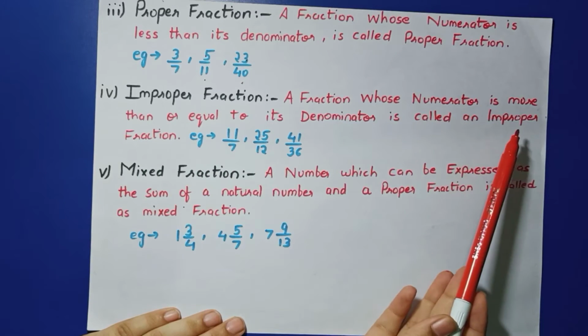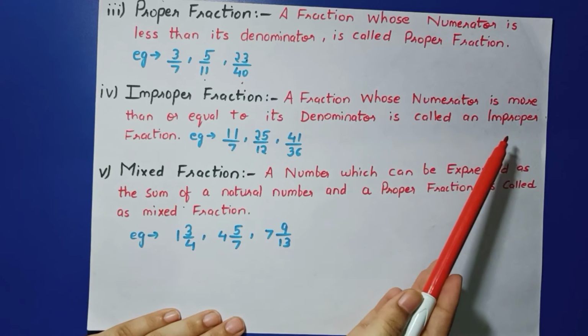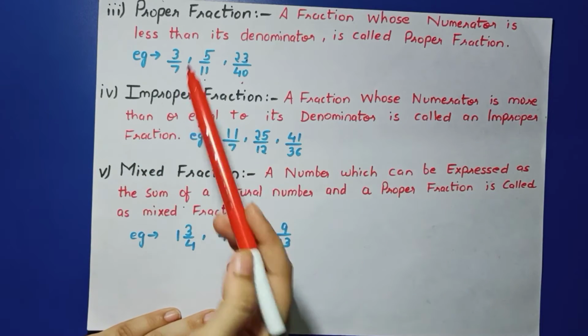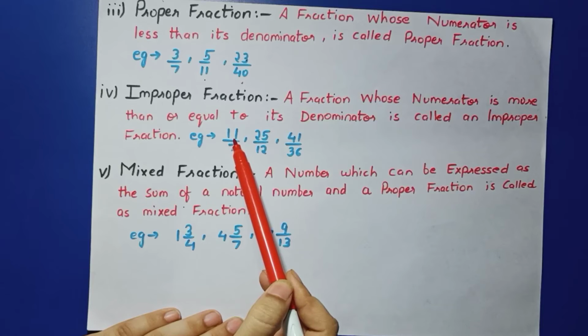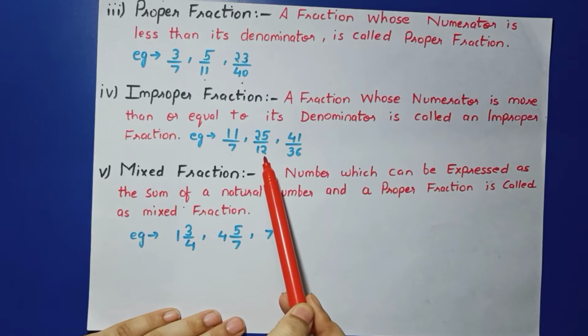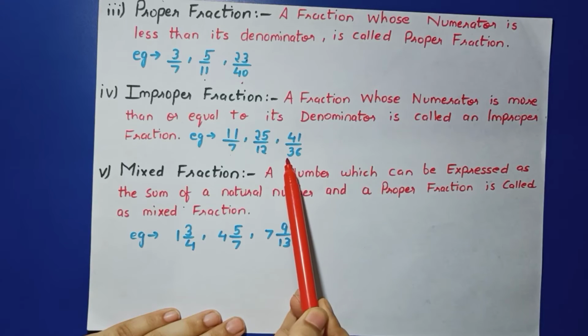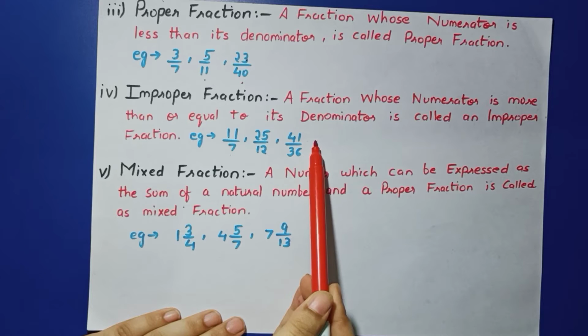So the next type of fraction is improper fraction. A fraction whose numerator is more than or equal to its denominator is called an improper fraction. Means the opposite of this. Here the numerator should be greater than the denominator: 11 upon 7, 25 upon 12, 41 upon 36. The numerator, the upper number, should always be greater than or equal to.